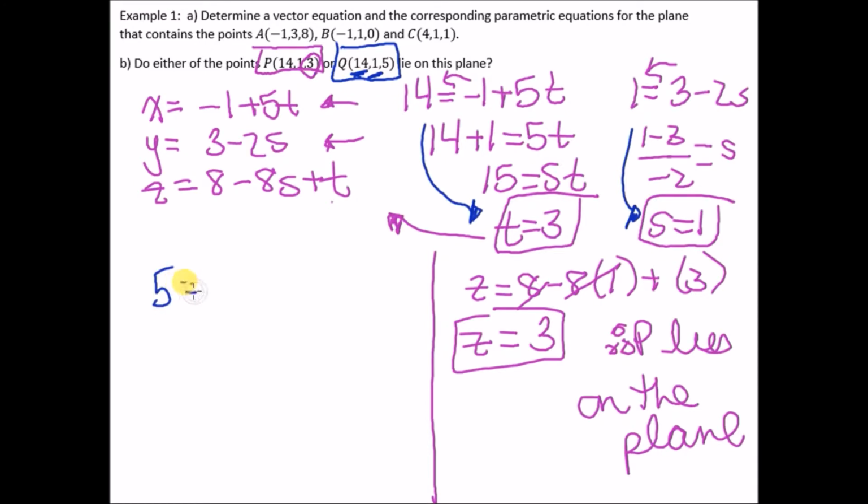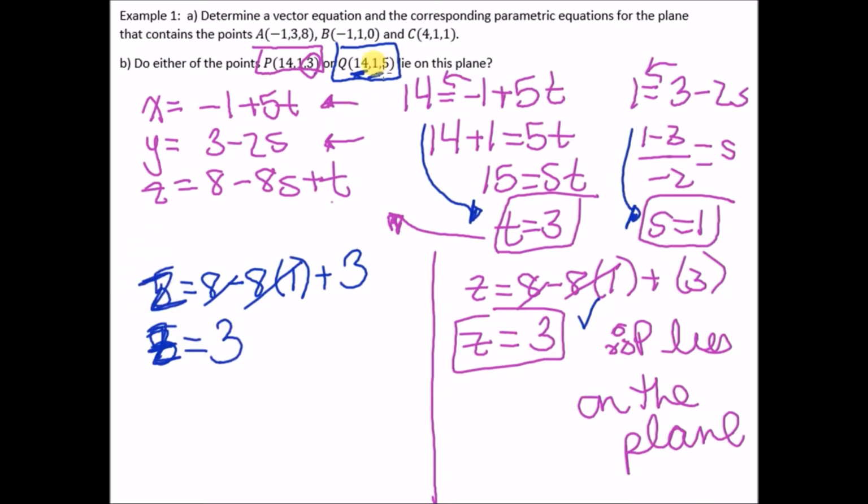Pretty much what this question is allowing us to do is see when a point lies on the plane and how it works, and how z equals 3 matches, and it's going to show us when it doesn't work. 8 minus 8 cancel out, so if we isolate for z, z equals 3. But we have a z of 5. 5 does not equal 3, therefore q does not lie on the plane.